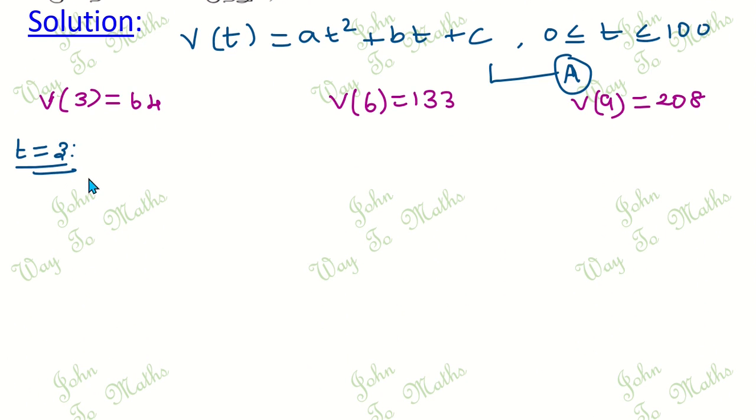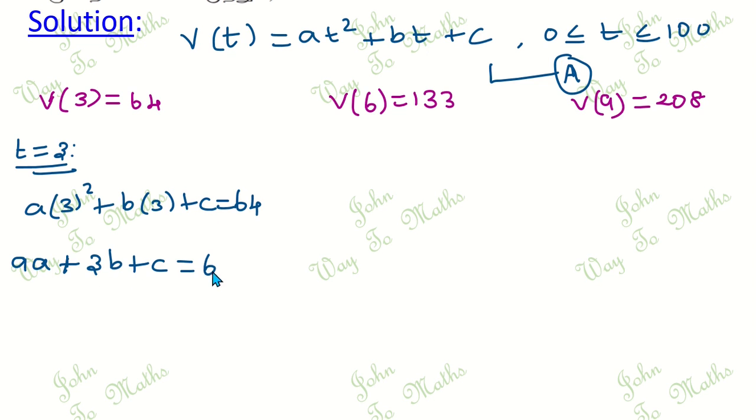We get a times 3 squared plus b into 3 plus c is equal to 64. So 3 squared becomes 9, 9a plus 3b plus c is equal to 64.